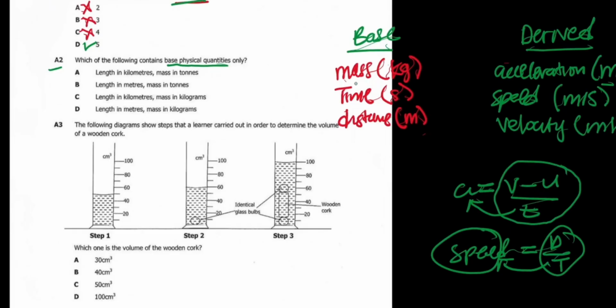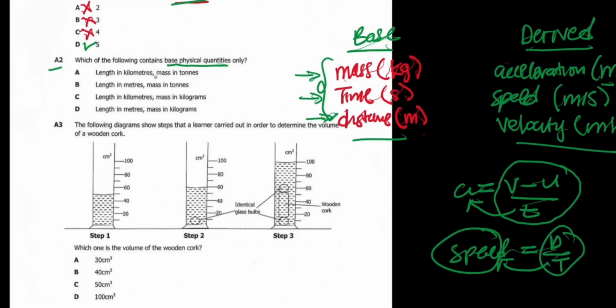Whereas when you come to mass, you realize that you can actually find mass without depending on anything. You can find time without depending on anything. You can find distance without depending on anything. So make sure you understand that these are base quantities and these are derived quantities. So when you come to the question here, this is dealing with base physical quantities, which means that you're dealing with things like mass, time, and distance.